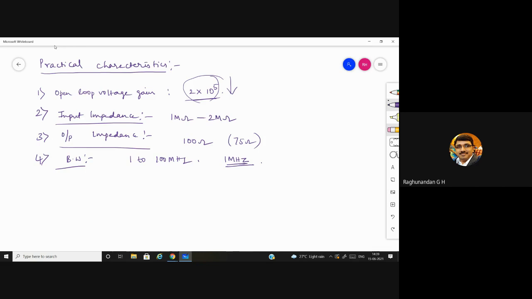So that's why in the lab also I used to tell those who did the open-ended experiment, you need to take the values till 1 megahertz or 2 megahertz, because after this your gain will be almost 0. But ideally speaking, it is told infinity. That means if you go for 100 megahertz, 200 megahertz, 1000 also, the gain will be constant. It will not be like that. Once you cross 1 megahertz or 2 megahertz, the gain will drop.